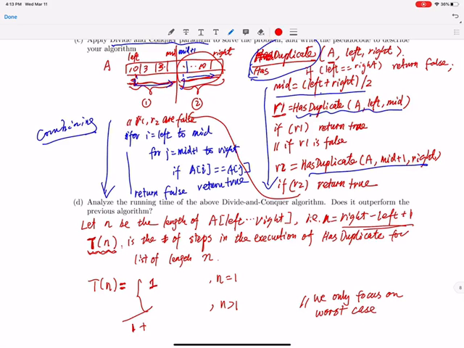After we make the first recursive call, it takes this number of steps, because it's the same function has duplicate, so it's the same running time function, just that the input list is size n over 2. Because we're in the worst case, the first call will not be true, so we continue to the second half, which is another T of n over 2.